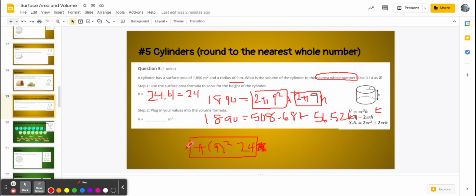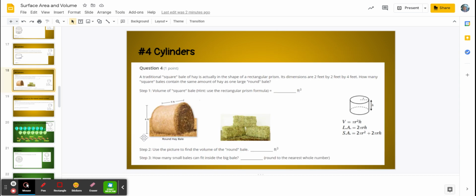How do you do the third blank for the question 4? How many small bales can fit inside the big one? So what did you get for the big bale? For the volume? For the big one? And what did you get for the small one? 16?